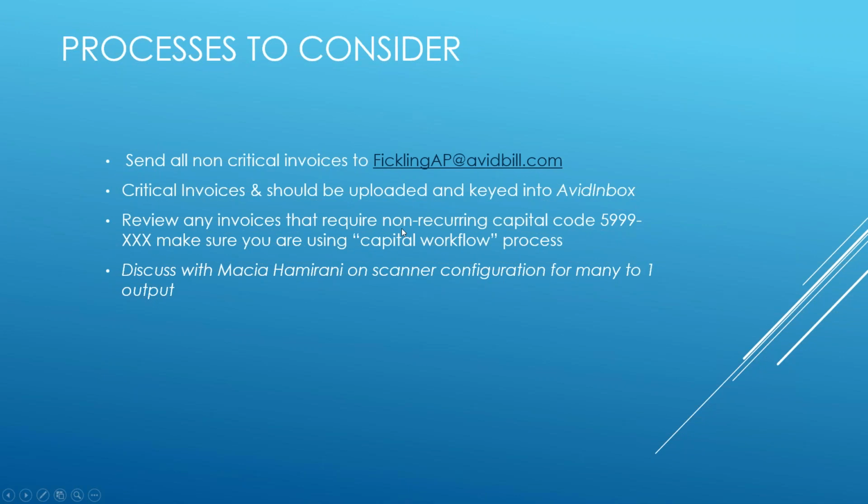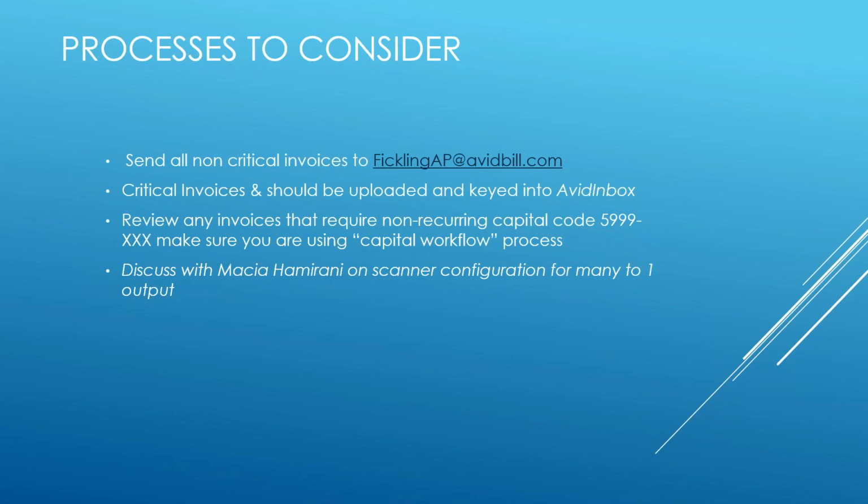Okay, so you're going to review any invoices that require non-reoccurring capital codes. So right now, you're not working with a budget for your property. So any capital item or non-reoccurring capital item that you have for your property, what I want to recommend that you do is you send over an email to Jackie and get written approval before you even make that purchase.